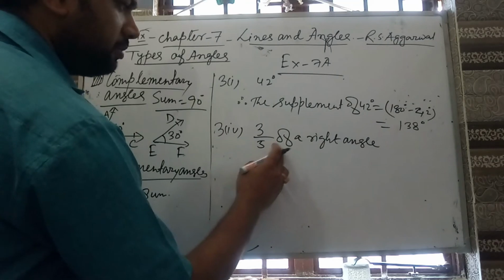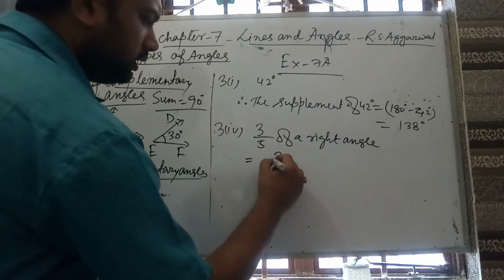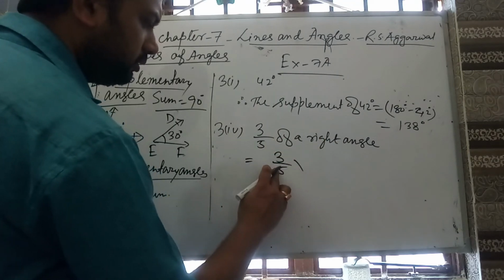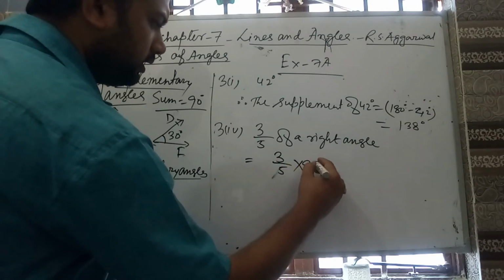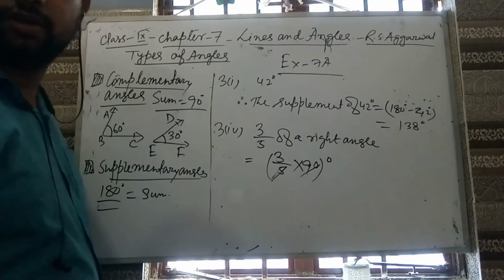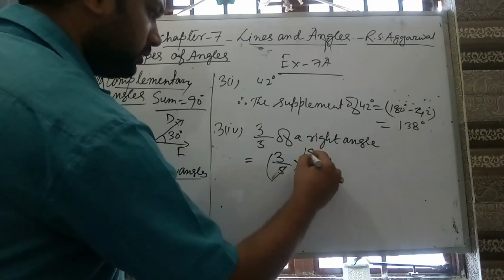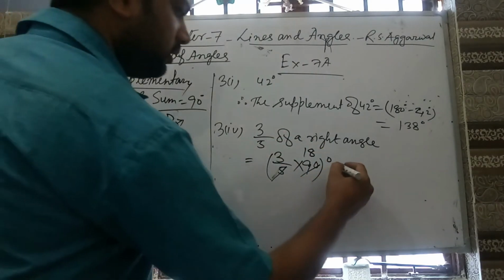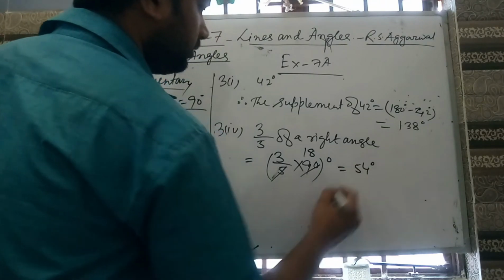3/5 of a right angle equal to 3/5 into 90 degree, 5 18s are 90, 18 into 3, 54 degree.